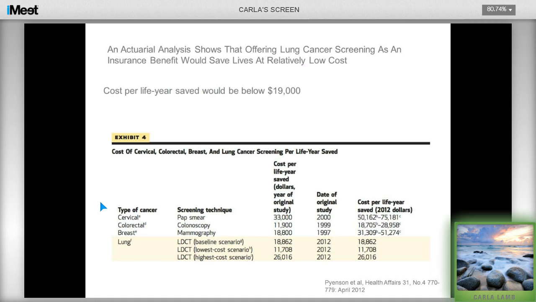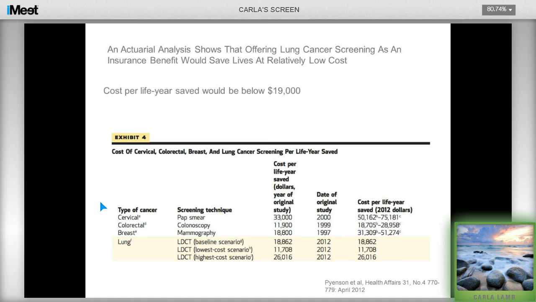This is just a quick perspective. We were actually one of the groups that went to CMS back before they made the move to offer coverage for lung screening. And there was much debate about the cost for screening, and much debate about data.